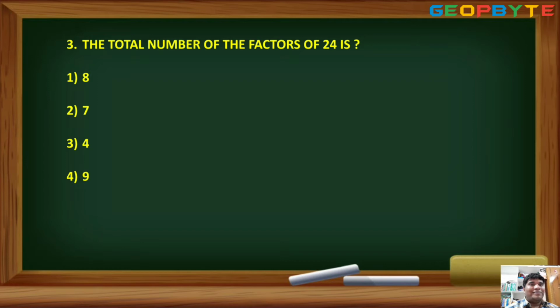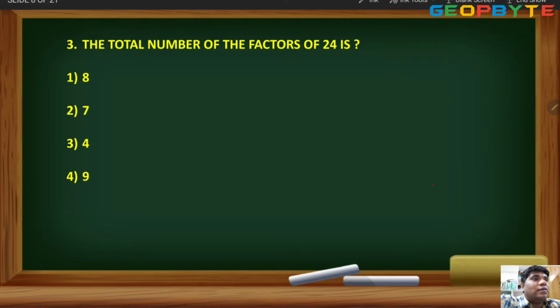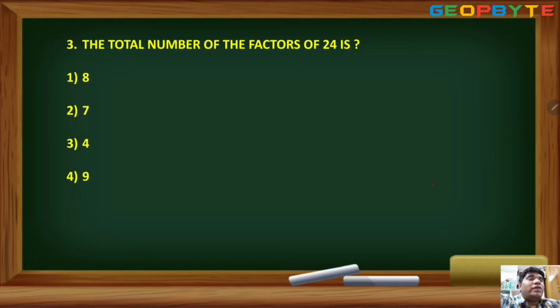Previous year questions. The total number of factors of 24 is? This is the logic first of all. So, total how many factors of the 24?